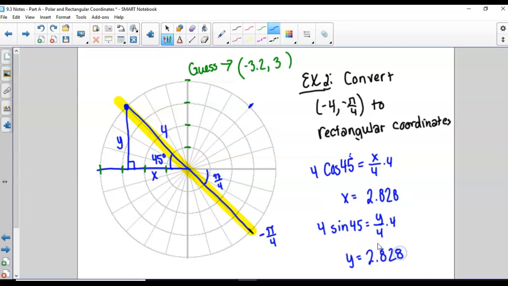But please be careful with your coordinates here, because in our triangle, everything's positive. But this is in the second quadrant, so my x coordinate has to be negative, because I'd go to the left 2.82. So negative 2.828, and then positive 2.828. And so that would be my rectangular coordinates.